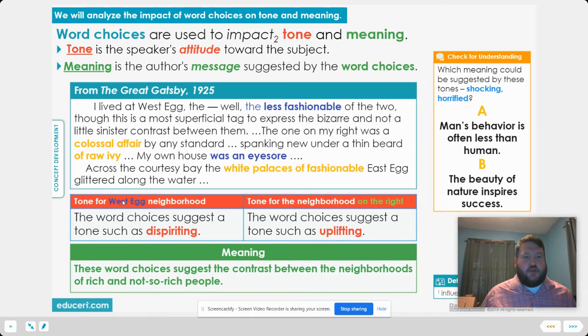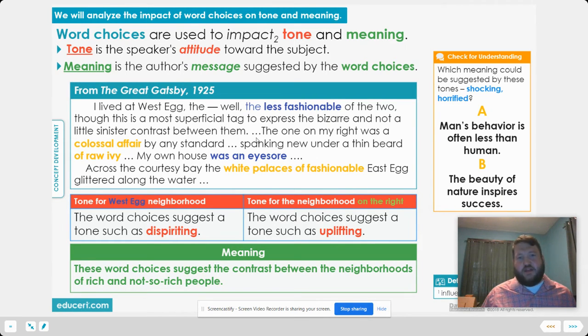Okay, first off, then, we have two neighborhoods that were presented in this particular section from the Gatsby. First is the West Egg neighborhood, and then the other one, not named, but the neighborhood on the right of the West Egg neighborhood. Now, the words that were used to describe the West Egg neighborhood are "the less fashionable," and a house was described as an "eyesore."